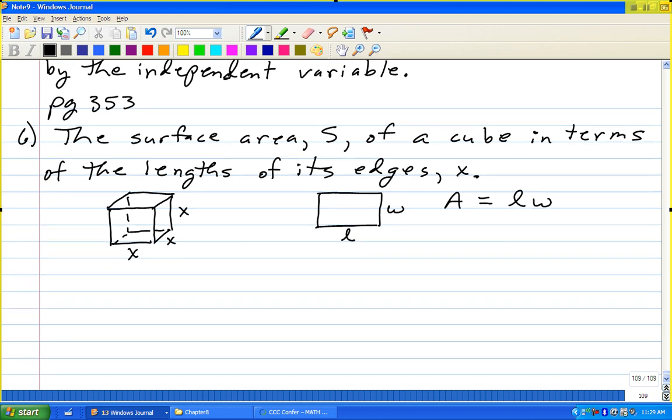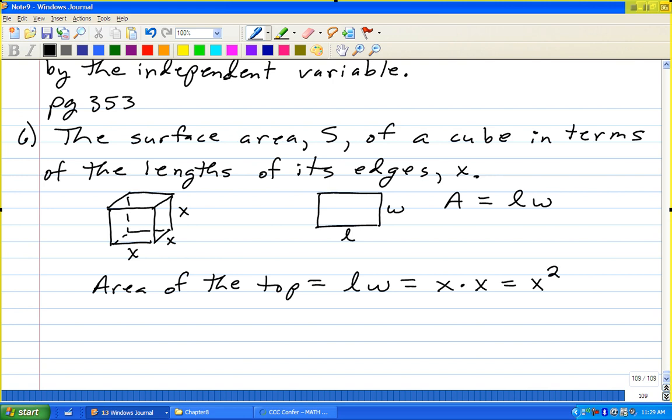And so if I look here at the top, the area of the top is just going to be length times width. It's just some sort of rectangle. Matter of fact, it's a square. And this will have length x, and this will have length x. So x times x, so this is x squared.